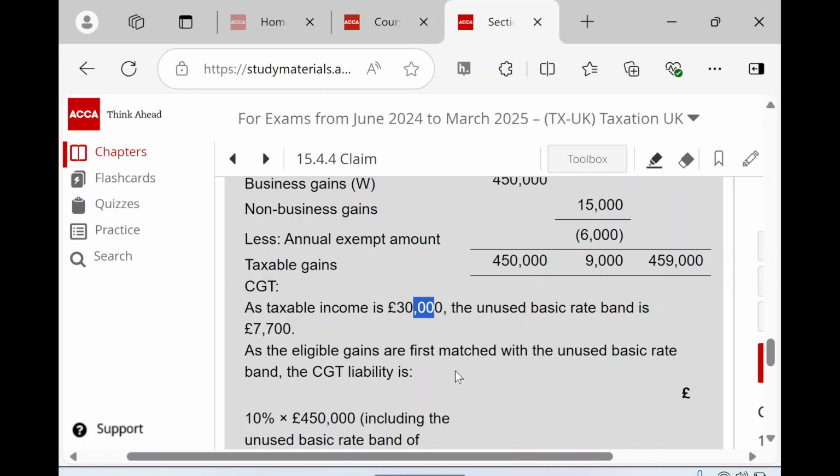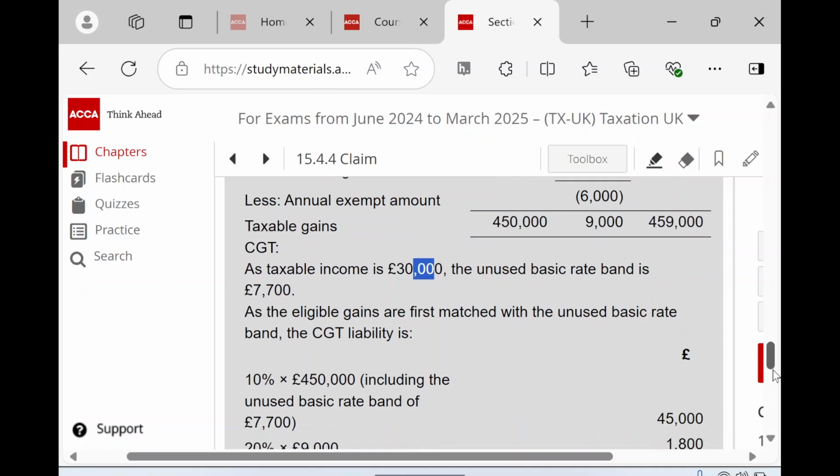Now, note, in relation to BADR, and this is the bit that I think students find a little bit tricky, yeah? Eligible gains, i.e. gains relevant to BADR, are first matched with unused basic rate band, yeah? In other words, where you have these significant gains, they use up the basic rate band, which basically pushes out any other gains, the investment property in this case, to a higher rate.